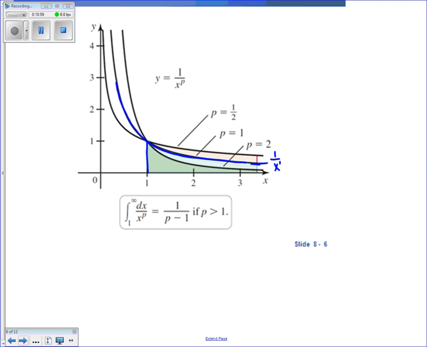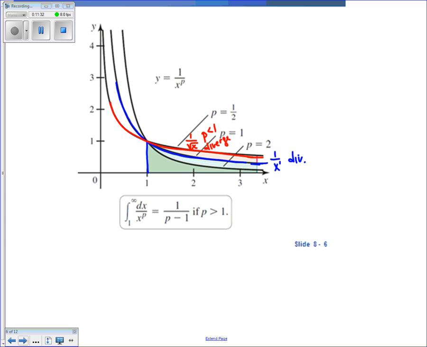Whereas if we picked p equal to 1/2, that's 1 over x to the 1/2, or the square root of x. That one is where the p is less than 1. And you can see there that it's not tapering off either. It's actually larger than, further above the x-axis than 1 over x was. This one also will diverge.